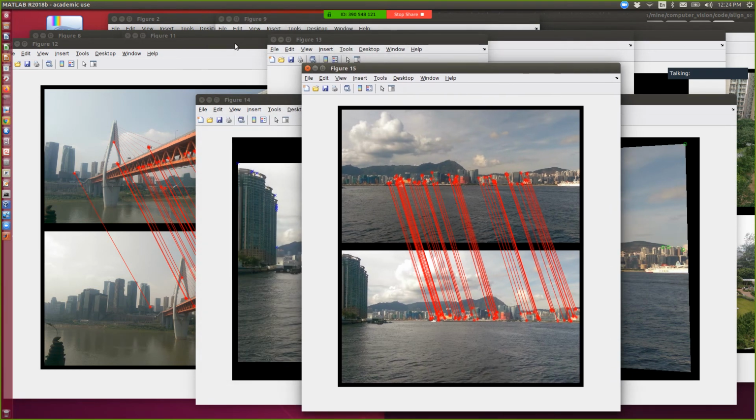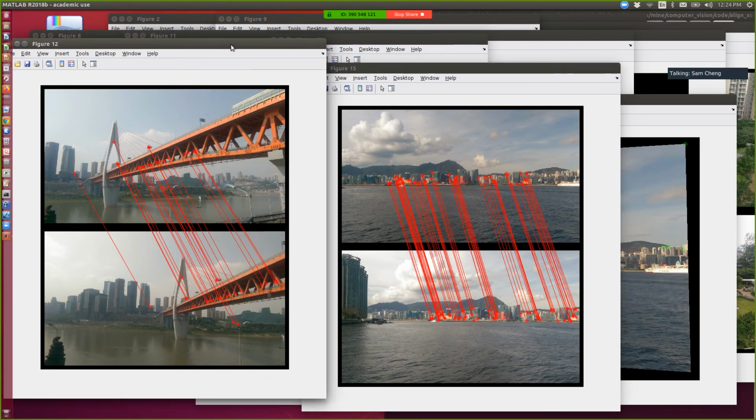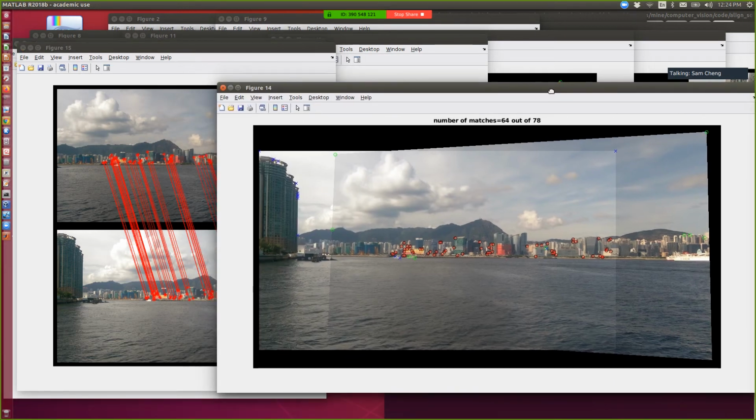This is an example to do stitching. For example, here I got matches from 2 photos. Then I can compute the homography, and then the stitch comes out pretty well. You can see they align pretty well.